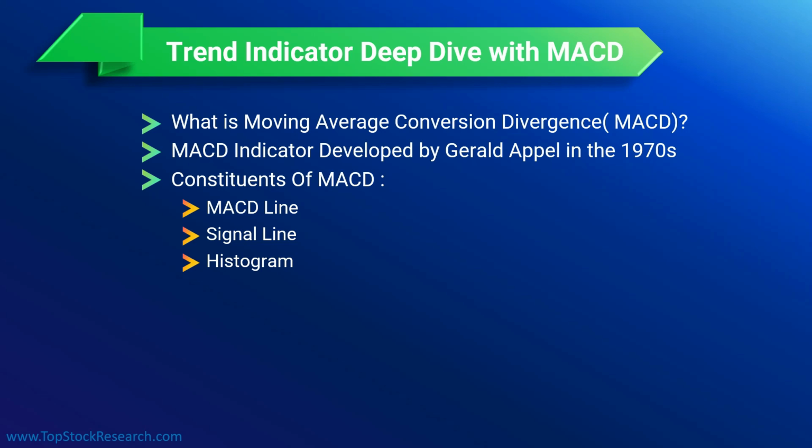These are the three major constituents of MACD. As the name suggests, it is moving average, convergence, and divergence. It's not rocket science to say that it's built on top of moving averages, and when the moving averages converge and diverge from each other, that's where these signals are created, and you can make a good trade out of it.